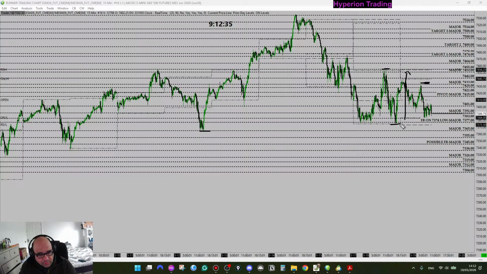If for some reason we don't take these lows and we just reclaim the VWAP like this, I'm going to be extra careful, size smaller, and trail it very closely.